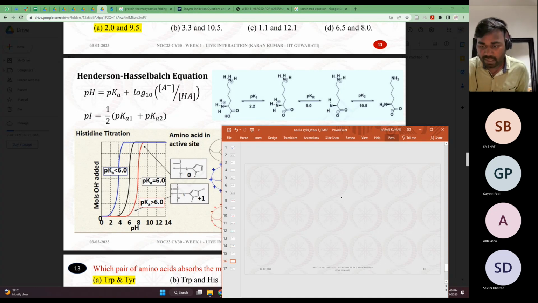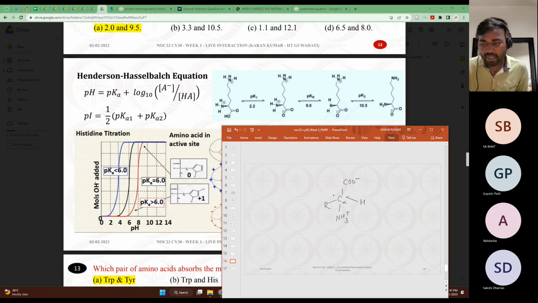In a simple amino acid, the C alpha will be attached to the carboxylic group, COO minus, and NH3 plus. We are not considering right now the influence of side chain on pK. We are only taking a single amino acid, only the alpha carboxylic group and alpha amino group. So this is the zwitterionic form.